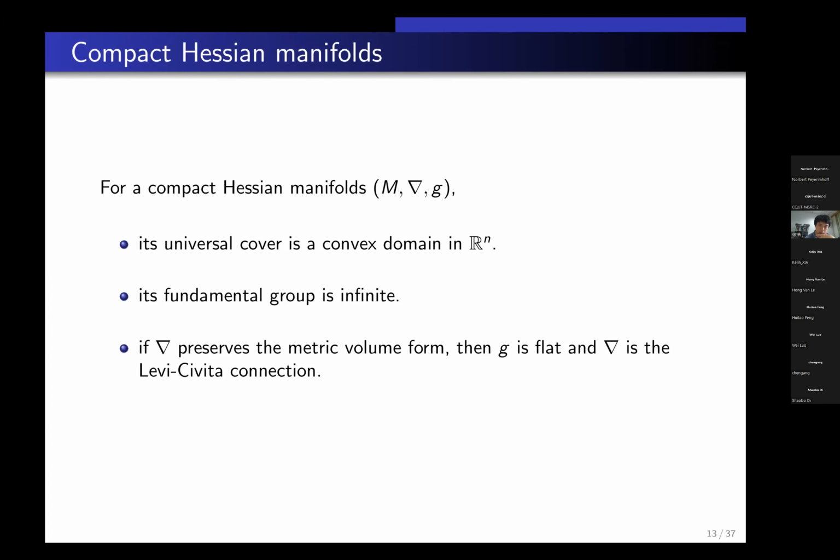So the fundamental group should be infinite. Also, if the connection preserves the metric volume form, then we can conclude that this G is flat and nabla is just an Alekseevsky connection. So this is just some restriction on the compact Hessian manifold.